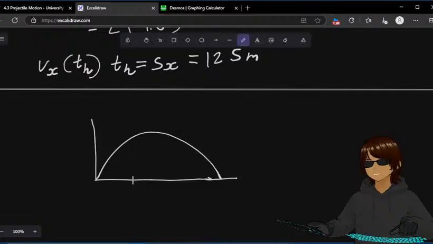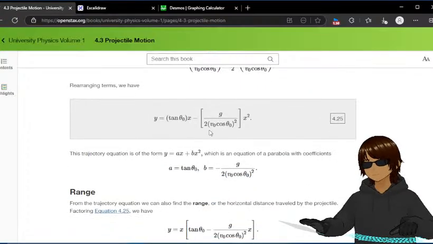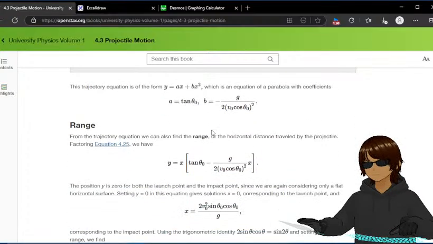For a given x position, they want to find the corresponding y position. And it's parabolic.